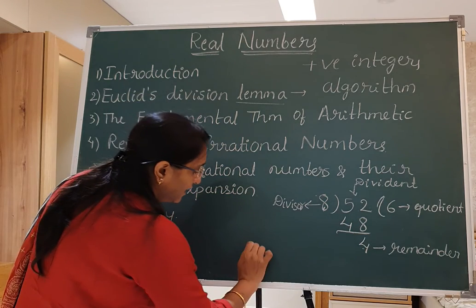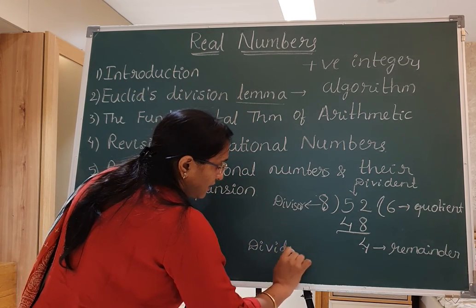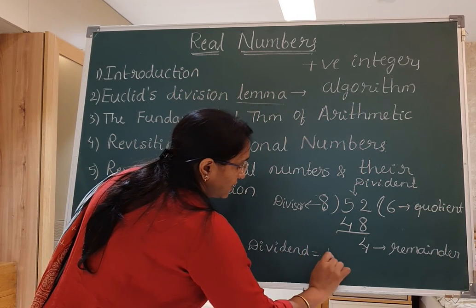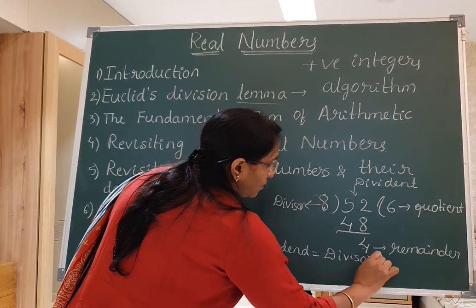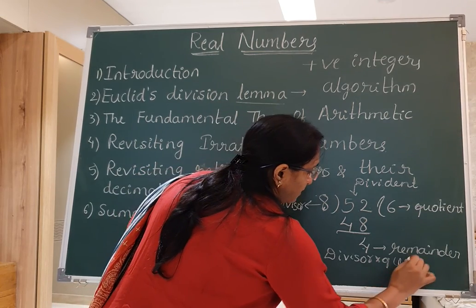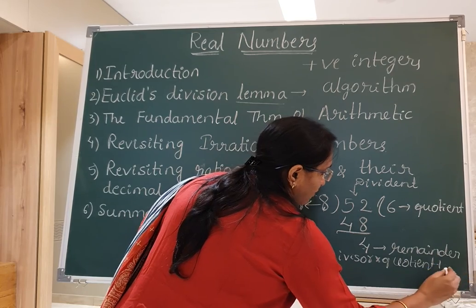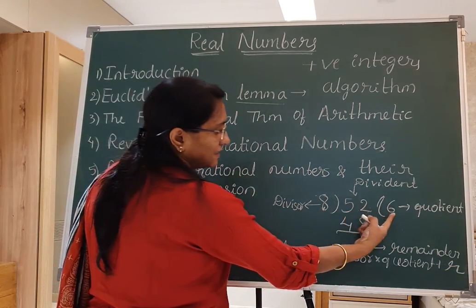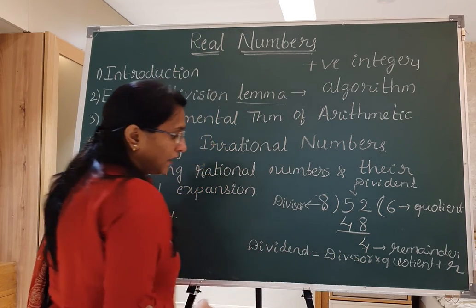And we know that dividend is equal to divisor into quotient plus remainder. That is 8 sixes are 48 plus 4 is equal to 52.